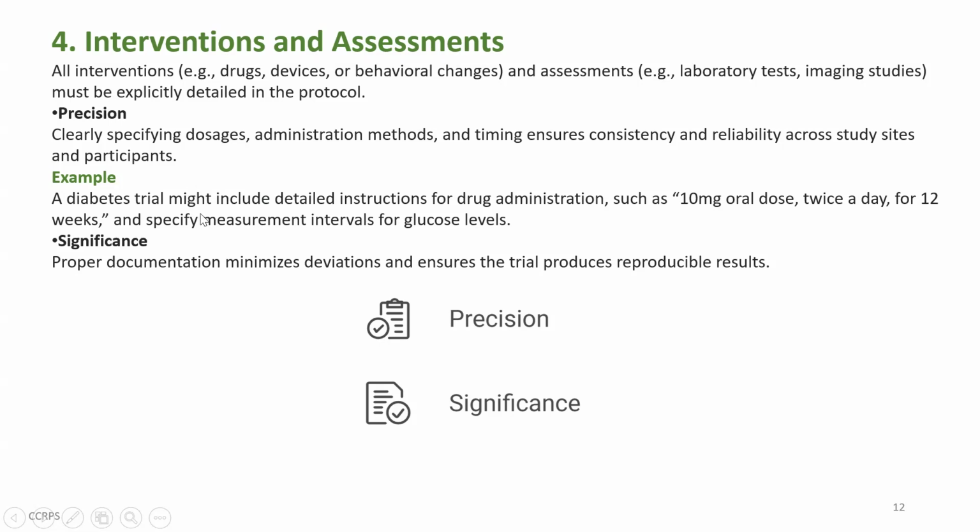Example, a diabetes trial might include detailed instructions for drug administration, such as 10 milligram oral dose twice a day for 12 weeks, and specify measurement intervals for glucose levels. Significance, proper documentation minimizes deviations and ensures the trial produces reproducible results. And here is a small, simple diagram on precision and significance.